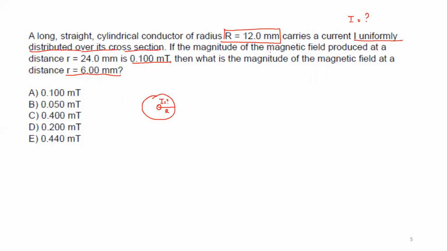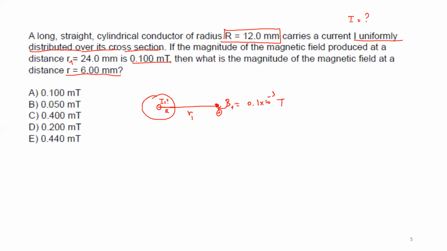Great. Now, the magnitude of the magnetic field produced by this long straight cylindrical conductor carrying a current I at a distance, let me call it R1, from the center, where R1 is equal to 24 millimeters. So B1, the magnetic field here, is equal to 0.1 times 10 to the power minus 3 Tesla.